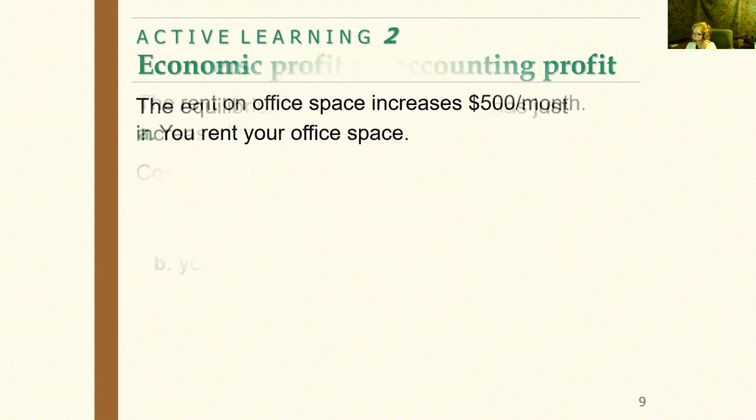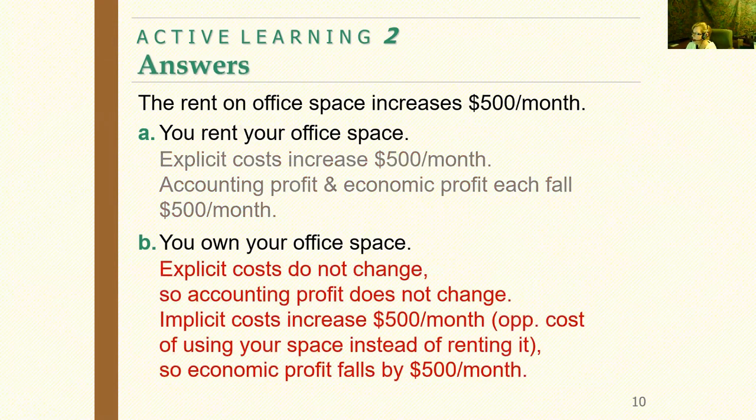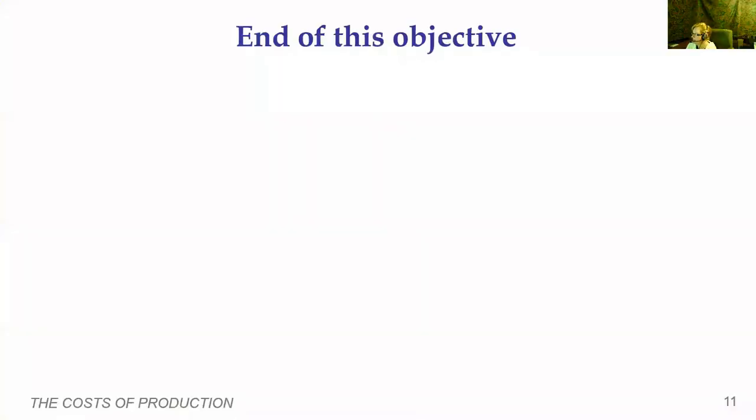I think it makes it clear in the next slide. Okay, explicit costs don't change, but your opportunity costs of owning it, so your economic cost falls by $500 a month. And essentially, the explicit costs don't change, but notice the implicit costs here do change because you could rent it out. Okay, that's the end of our objective.